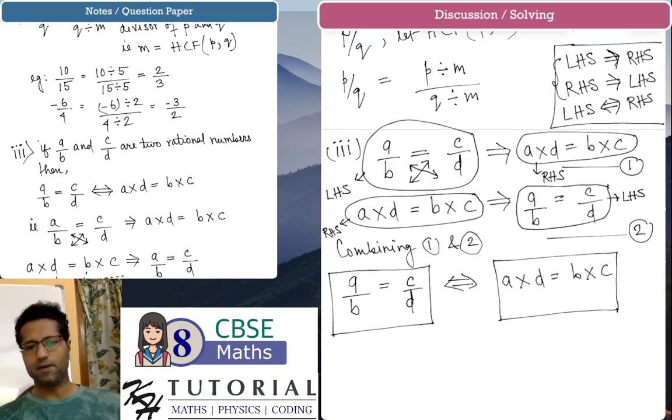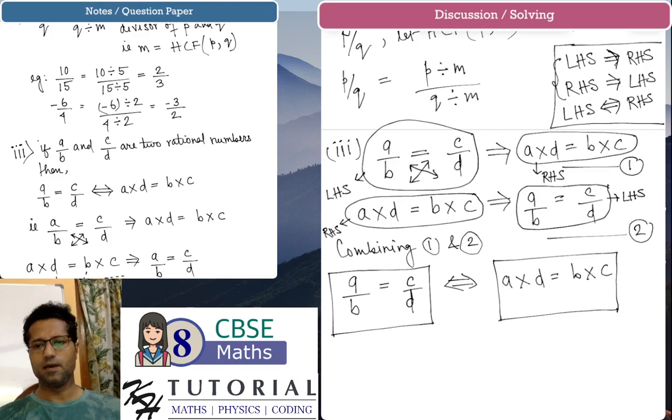If A by B is equal to C by D, then A into D equals B into C, and if A into D is equal to B into C, then A by B is equal to C by D.